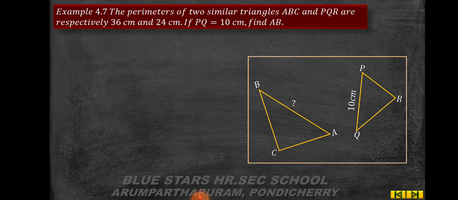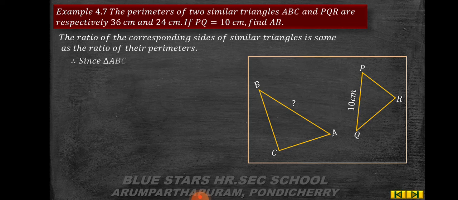Example 4.7. The perimeters of two similar triangles ABC and PQR are respectively 36 centimeter and 24 centimeter. If PQ is equal to 10 centimeter, find AB. So the ratio of the corresponding sides of similar triangles is the same as the ratio of the perimeters.